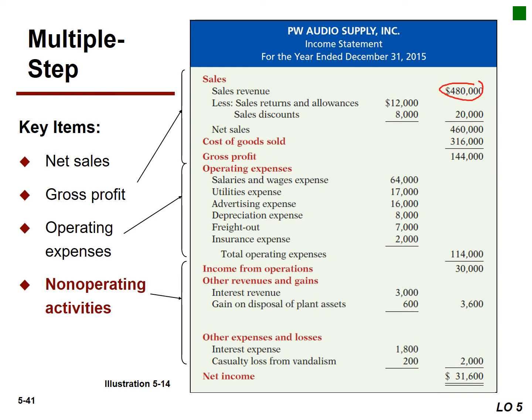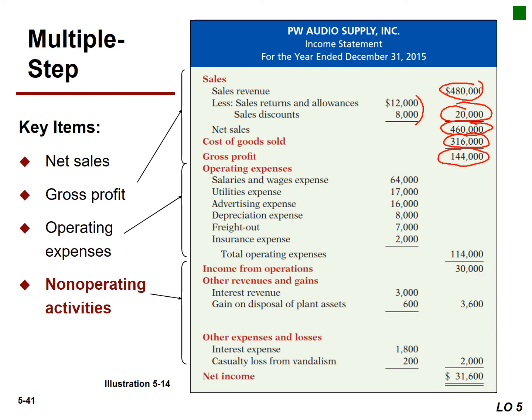We subtract from that our two contra revenue accounts, sales returns and allowances and sales discounts. Those two total up to $20,000. We subtract that from our sales revenue to get our net sales. From our net sales, we subtract our cost of goods sold, and that gives us our gross profit of $144,000.